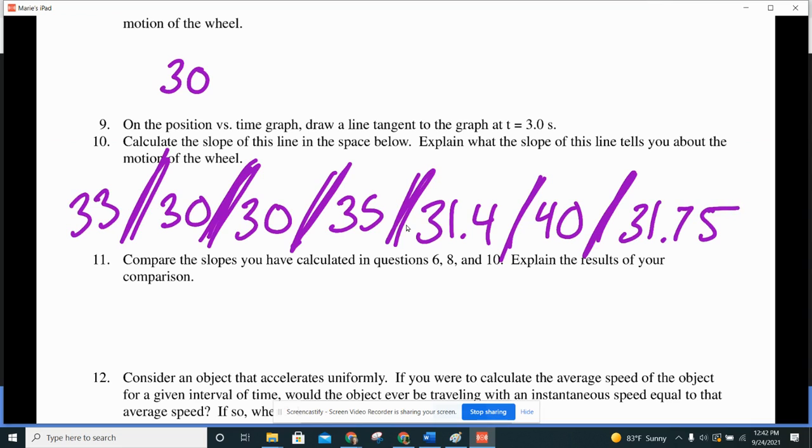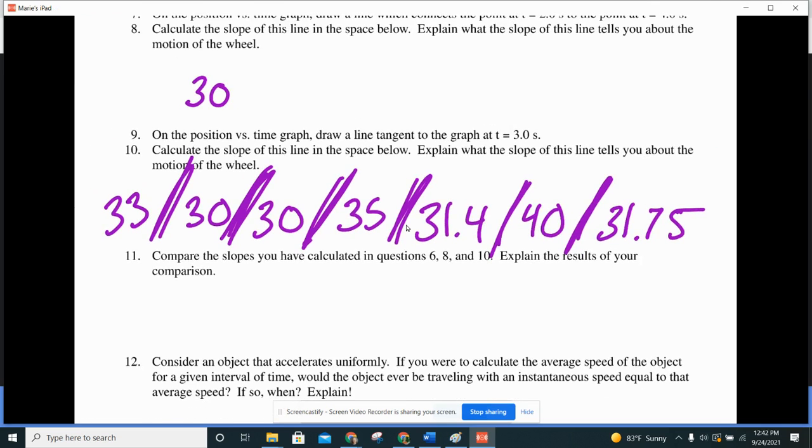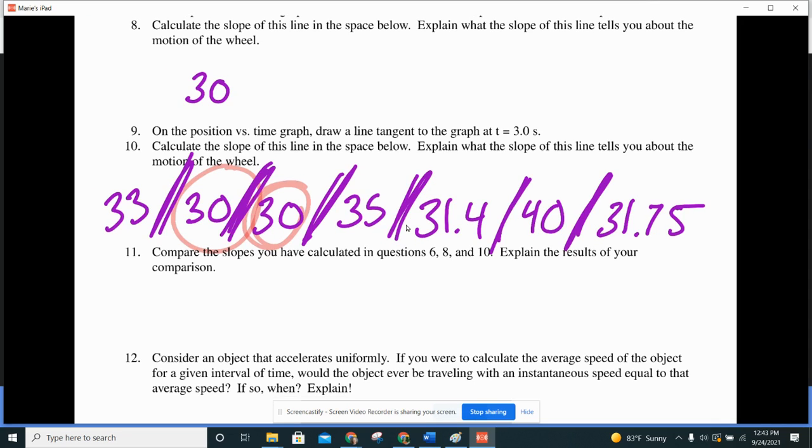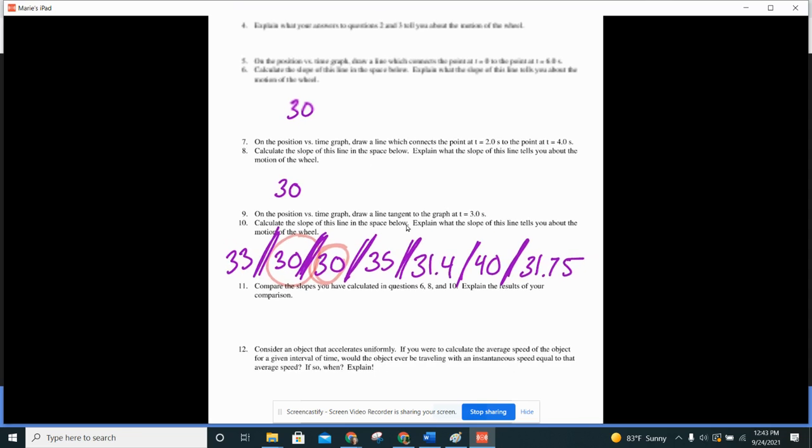Cool. All right, looking at everybody's numbers, what do you think I expected you guys to get in terms of your slope? 30. So I know that you guys did not all get 30, but I expected you to get about 30. So when we compare them, they are about the same.